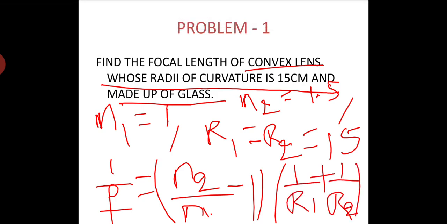So on applying this formula, 1 by f is equal to n2, the second medium, that is the refractive index of the glass, by n1, the first medium, which is air because this lens is kept in air.